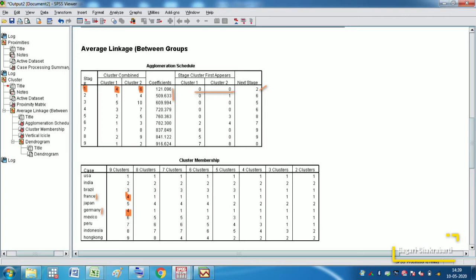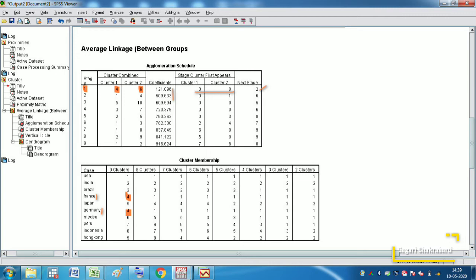In stage 0, the 10 markets were in 10 different clusters. In stage 1, market 4, that is France, is combined with market 6, that is Germany. Hence, these two are the most similar in terms of the risk-adjusted return. There is a column which says stage cluster first appears.